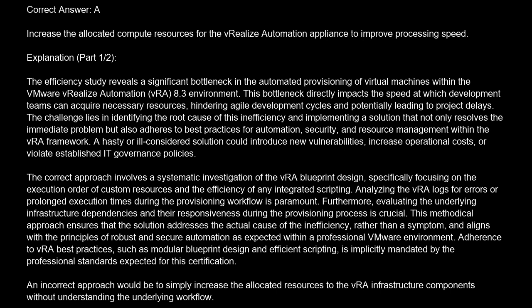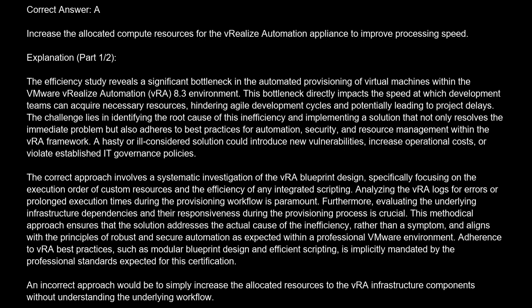The correct approach involves a systematic investigation of the vRA blueprint design, specifically focusing on the execution order of custom resources and the efficiency of any integrated scripting. Analyzing the vRA logs for errors or prolonged execution times during the provisioning workflow is paramount. Furthermore, evaluating the underlying infrastructure dependencies and their responsiveness during the provisioning process is crucial.